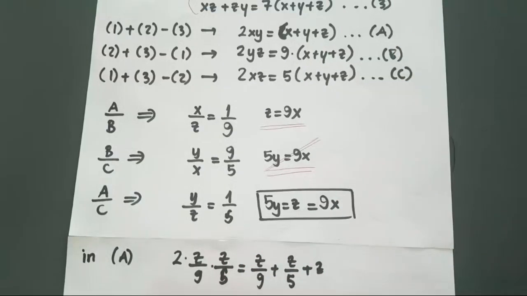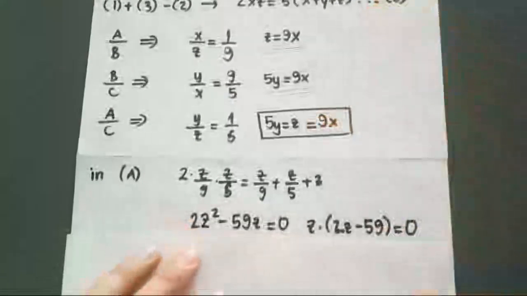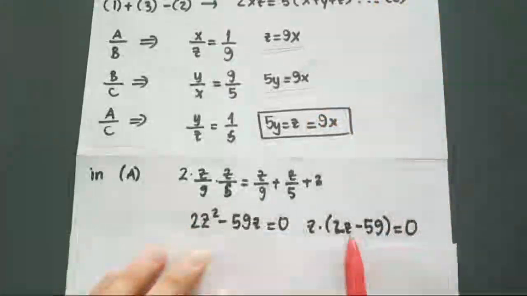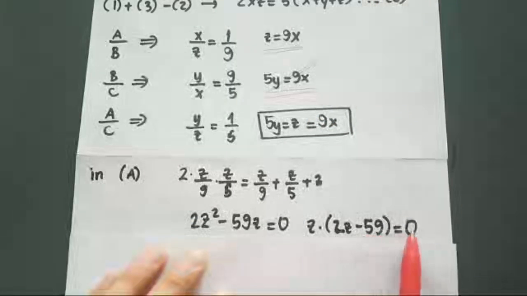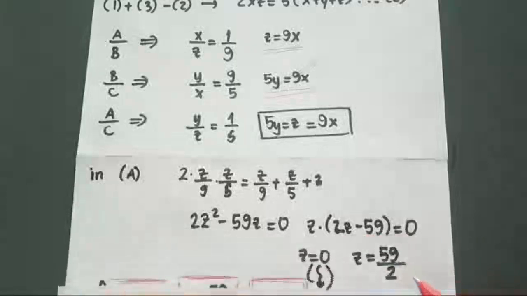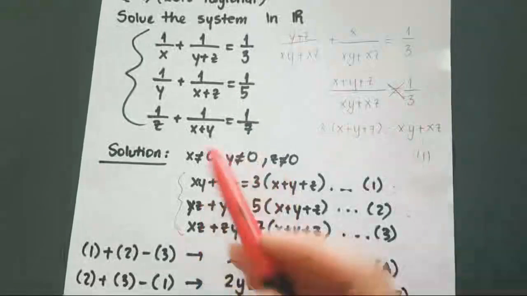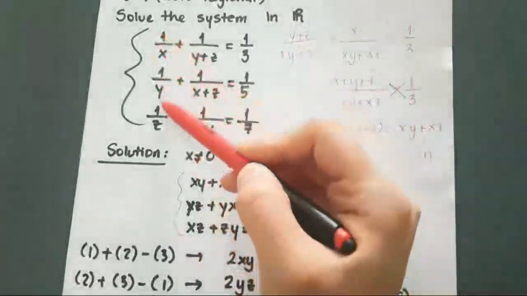From here, if I factorize it, z times 2z minus 59 is equal to 0, and z is 0 or z is 59 over 2. There are two options for z. Can z be 0, guys? Remember the note I have written at the beginning. z cannot be 0 because 1 over x, 1 over y, 1 over z.